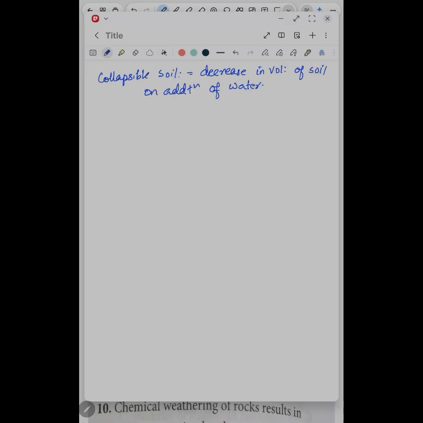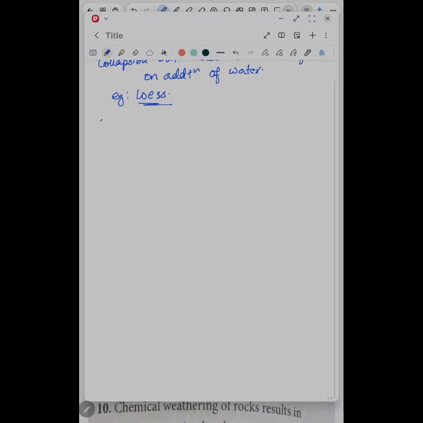So collapsible soils are the soils in which decrease in volume takes place on addition of water. Example for collapsible soil is loess, and this loess is a silt deposit made by the wind.